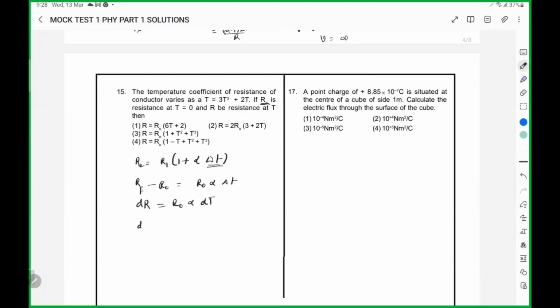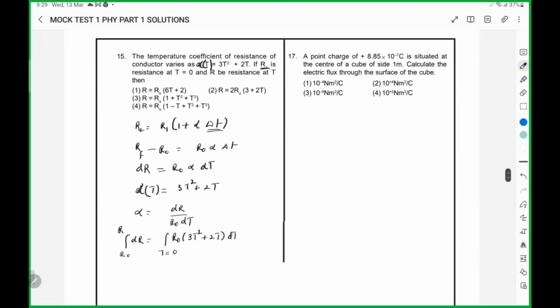Here, how alpha changes: what is given is alpha of T, which is 3T square plus 2T. Alpha is dR by R naught dT. dR is R naught, alpha is 3T square plus 2T dT. Now, initially at temperature zero the resistance is R naught; we don't know the resistance after a certain temperature.